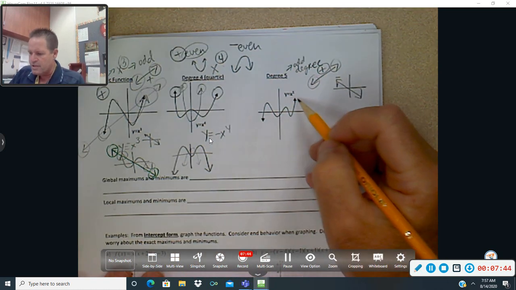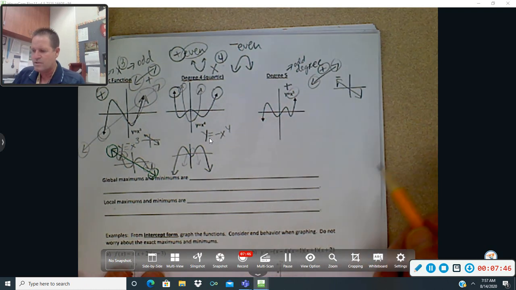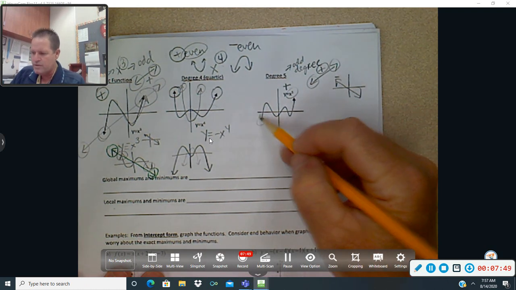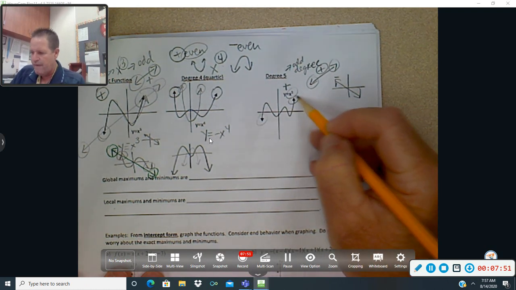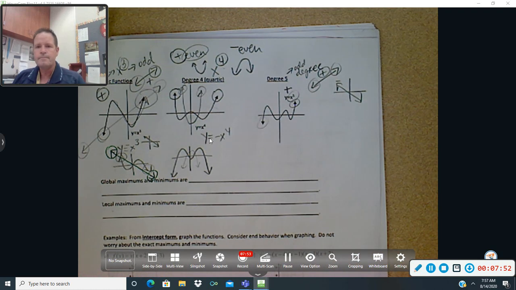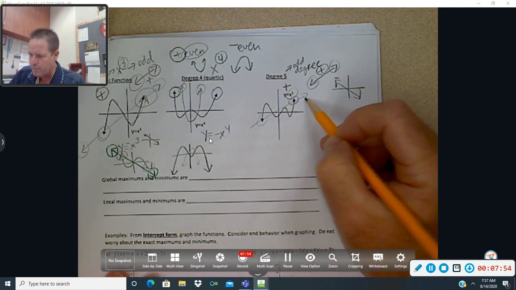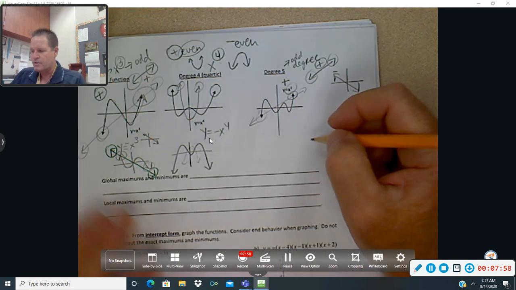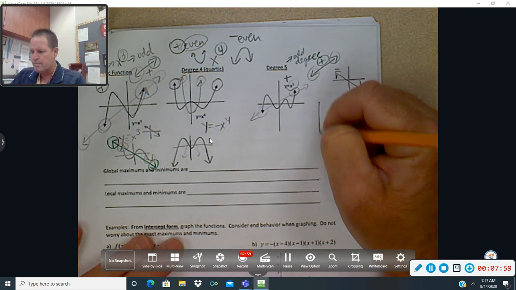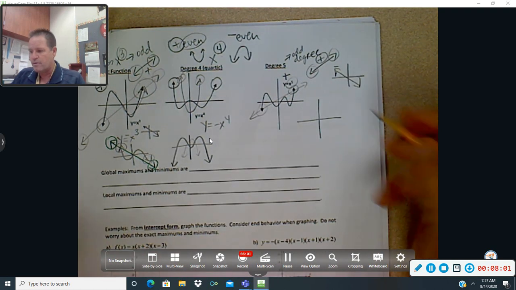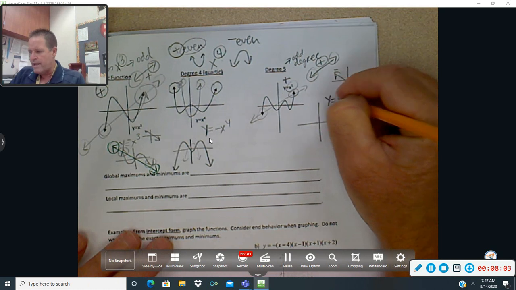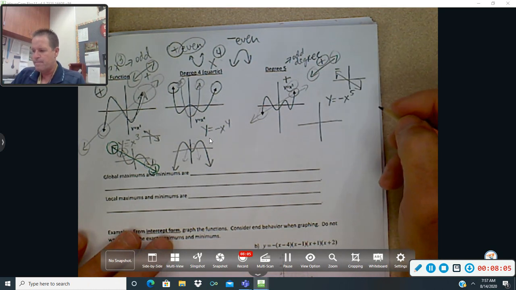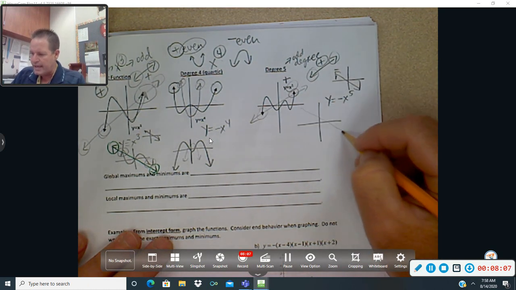So you'll notice this one was a positive x to the fifth, positive odd. It started low, did its thing, ended high, just like a line that would be positive. You're going to get the hang of this as soon as we start doing some actual graphing, but you've got to get this basic information in your mind. Now, if it was y equals negative x to the fifth, this would act like a negative line.